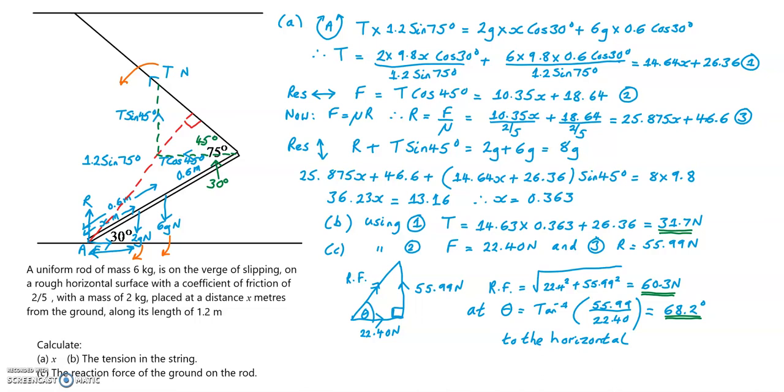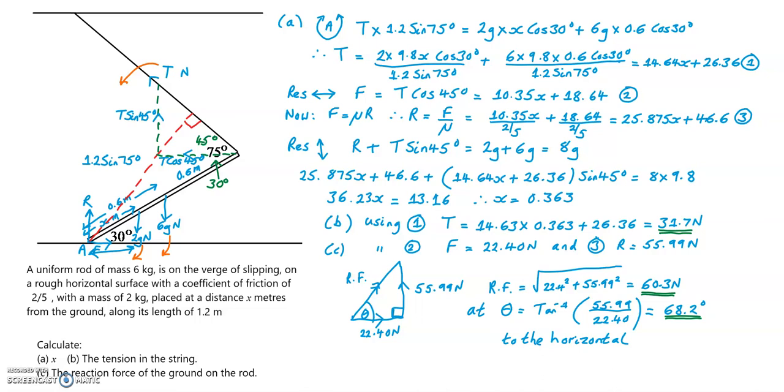Now for part B, the tension in the string needs to be calculated. So using equation 1 and substituting x as 0.363 gives the tension in the string as 31.7 newtons to 3 significant figures. And for part C, firstly, I have found F by using equation 2 and putting x as 0.363 into it.